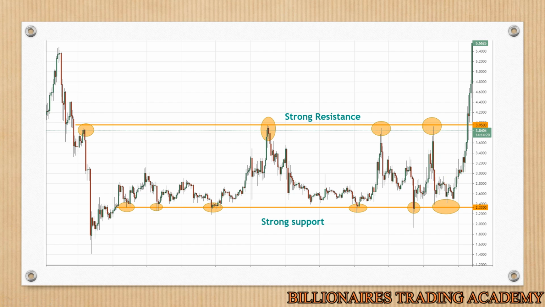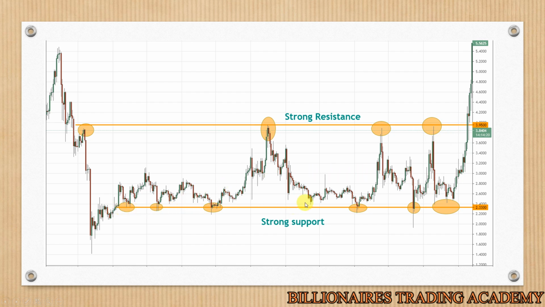It tells us that support and resistance is not just a single line, but a zone. Because sometimes if you draw a line, price won't touch it. Sometimes it leaves a small space, like here and here, and then reverses.